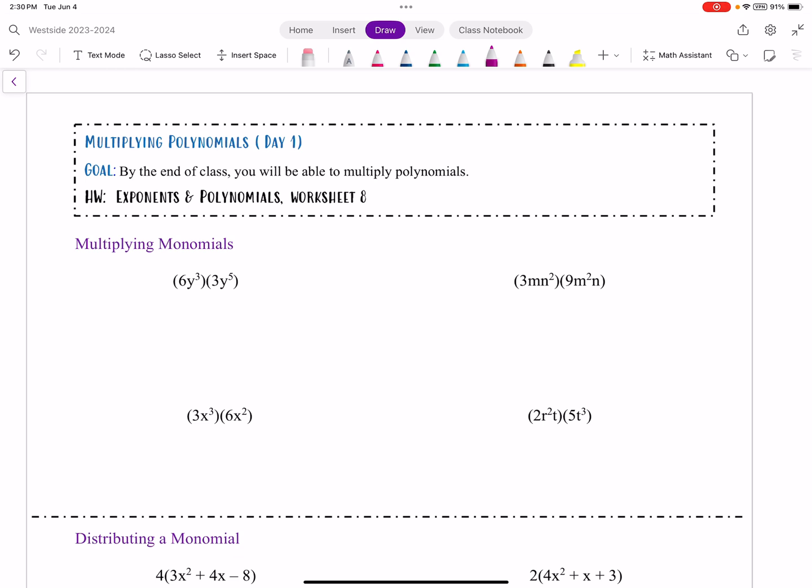When we're looking at multiplying polynomials, we're going to follow these 3 steps. Step 1 is to multiply coefficients.